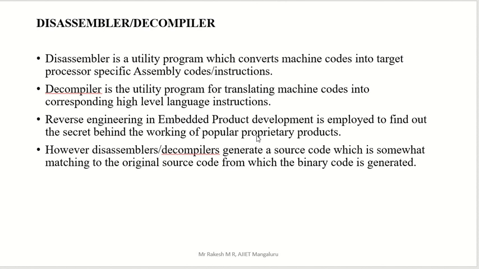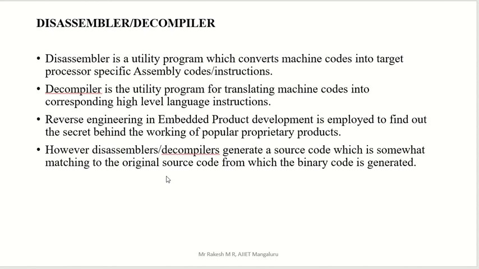So some engineers do reverse engineering. Reverse engineering means they have the output, and from the output they find the input. Normally the procedure goes from input to output, but here they know the output, so they work back to the input. That is the reverse engineering procedure. They find out the working procedure and the main code by using reverse engineering.